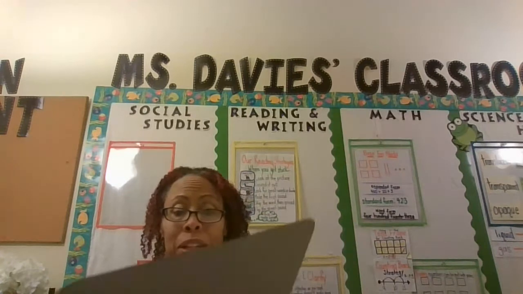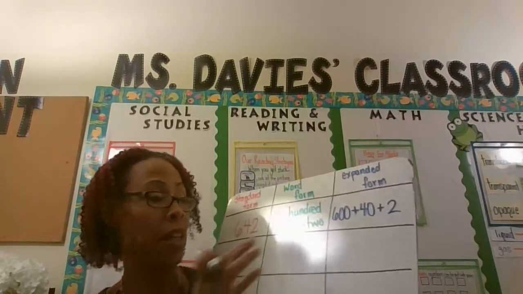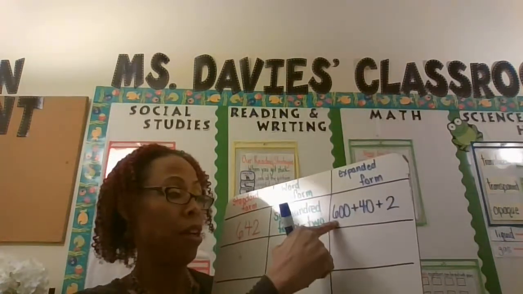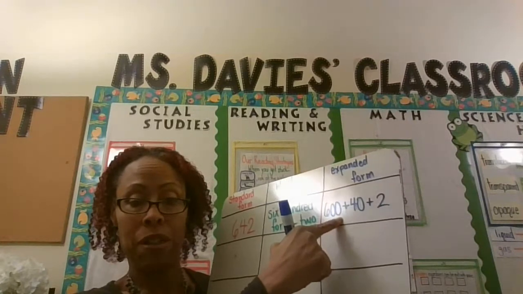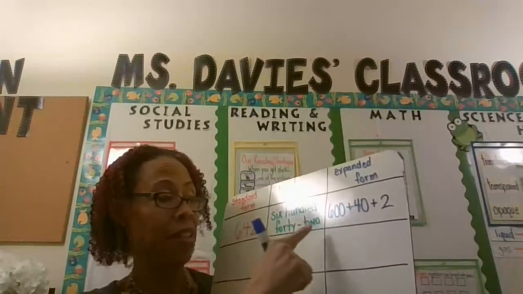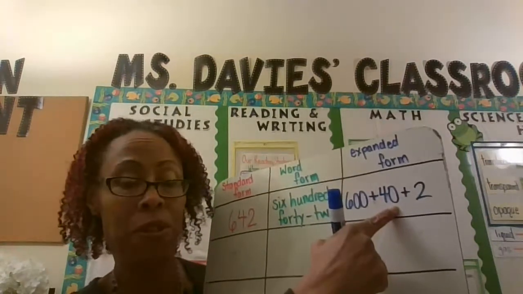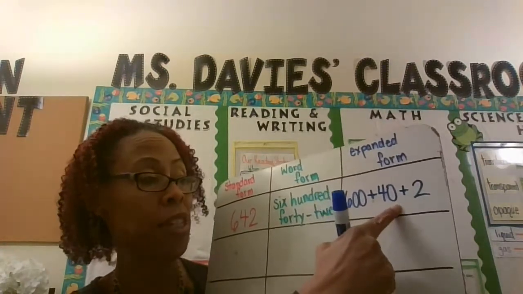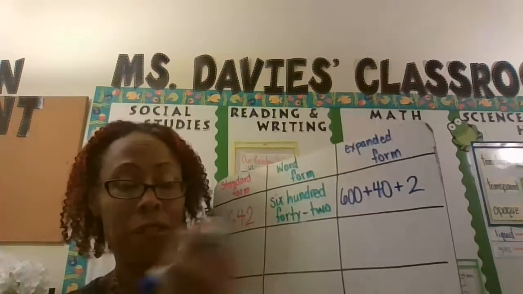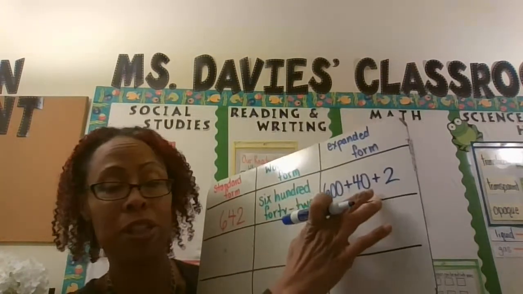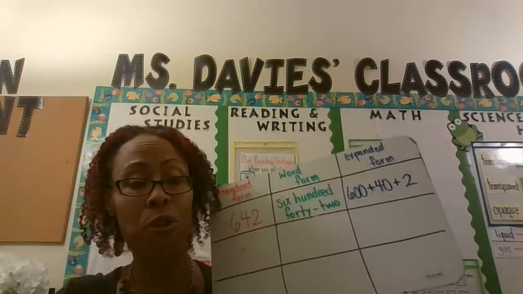When we looked at the base 10 blocks, that's how it was formed. There were 600, 4 tens, which again the value of the 4 tens is 40, and then 2 ones. 600 plus 40 plus 2 is the expanded form.